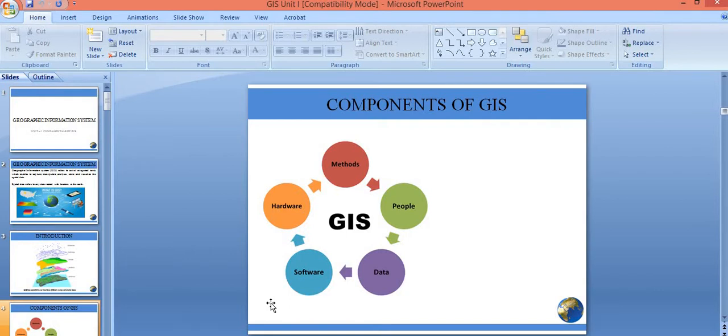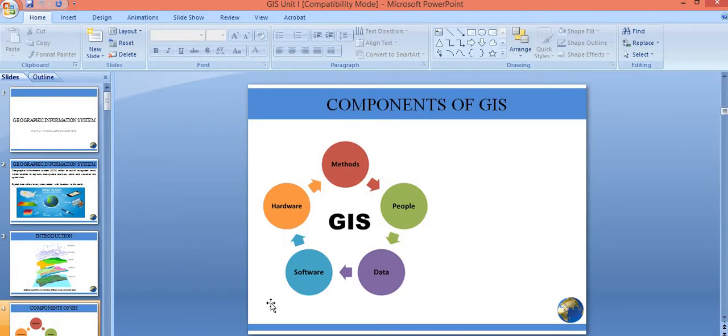The next comes hardware, and this hardware component will allow you to capture the data. So, if you want to capture, either you can capture through some cameras, or you may have some hardware to collect the spatial data. So, hardware's role is also very important in our Geographic Information System.